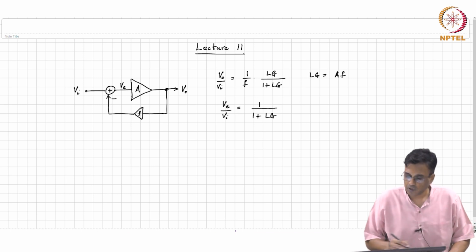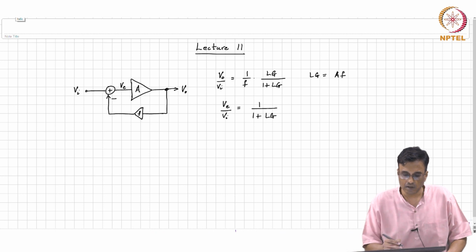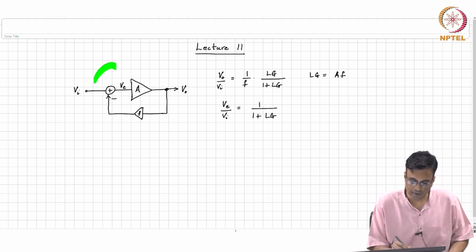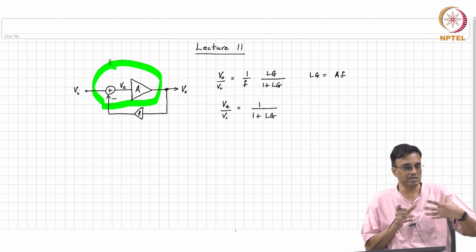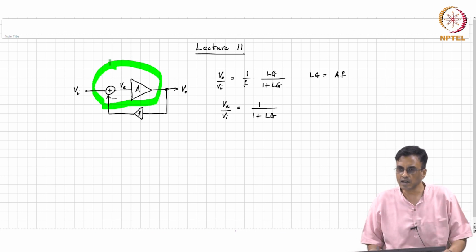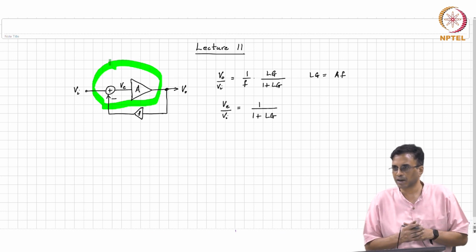Having seen that, now let us put this principle to some use and see some circuits that you are very familiar with. As we saw last time, it makes business sense to sell that part as a separate building block, so that users can put their favorite feedback factor and get whatever closed loop gain they want.